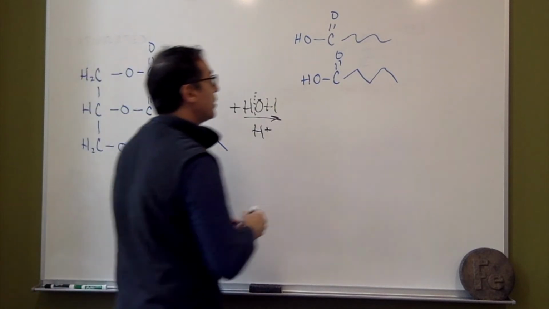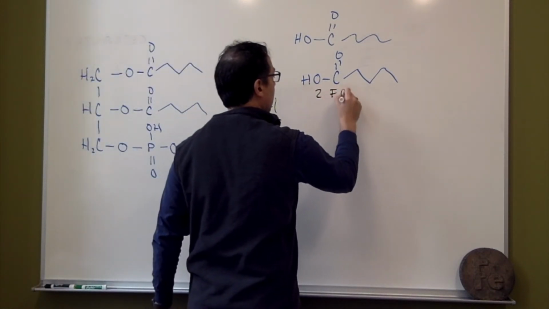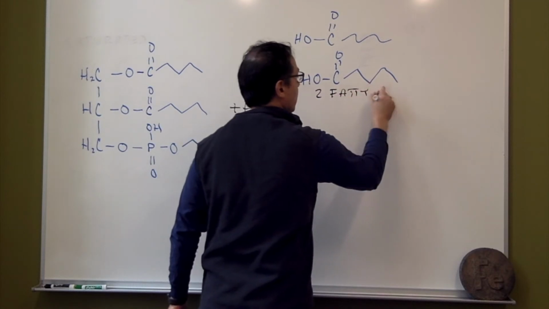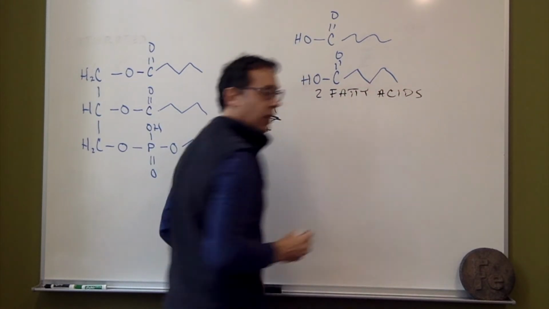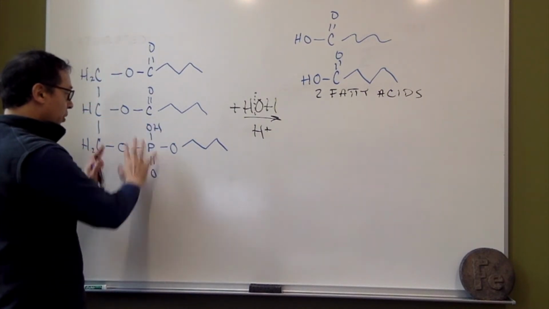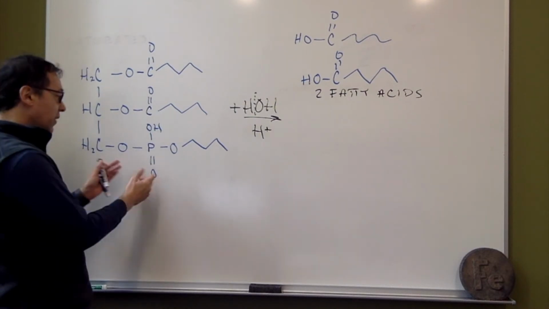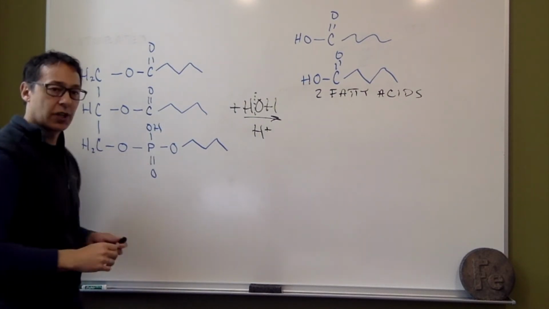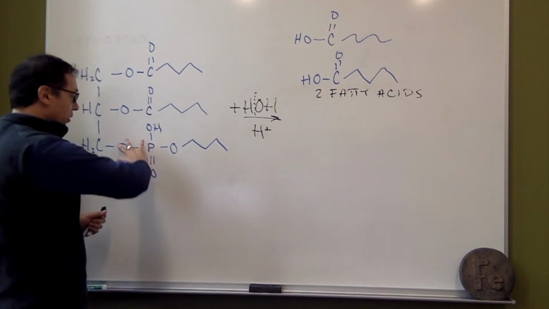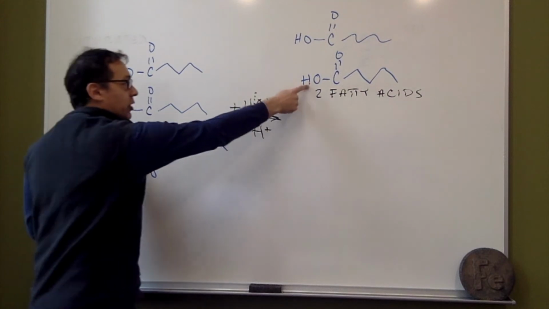So I'm just going to label these two fatty acids. That's two of our products. And then we're also going to end up breaking this apart. Now when we break apart our phosphate diester, there's two ester linkages here. We're going to end up with our phosphate group forming OH bonds, just like we did here.